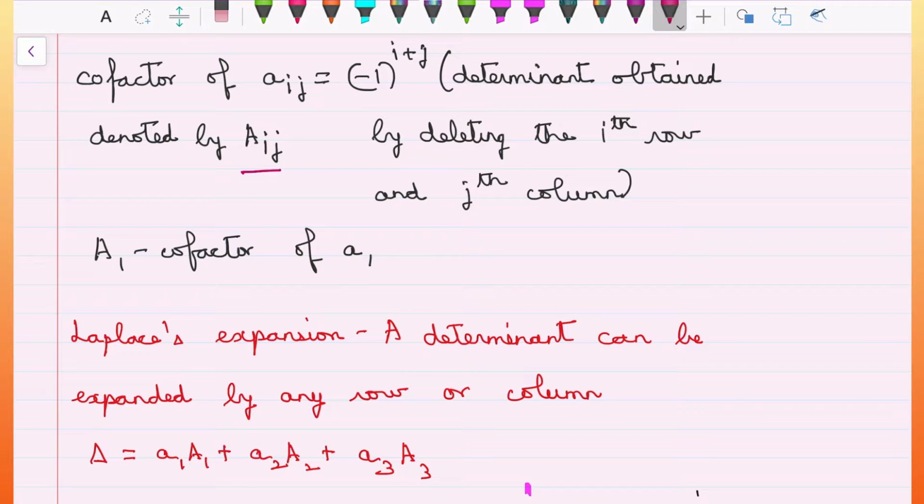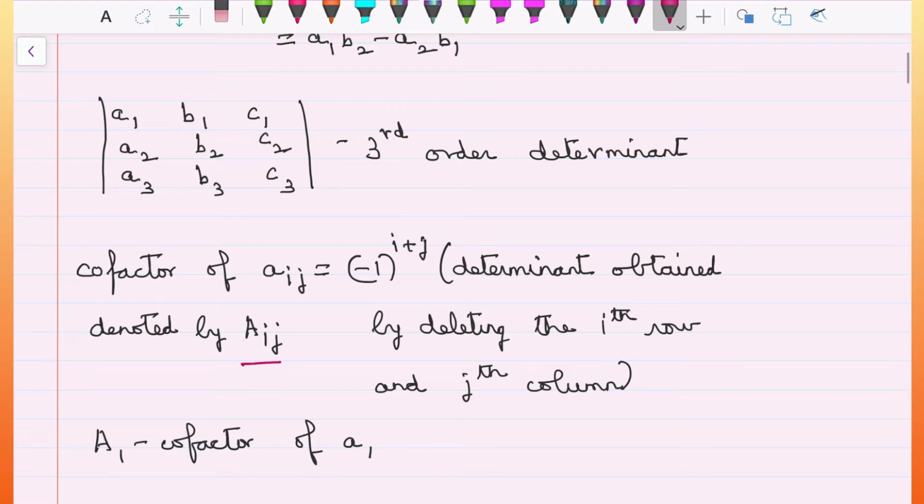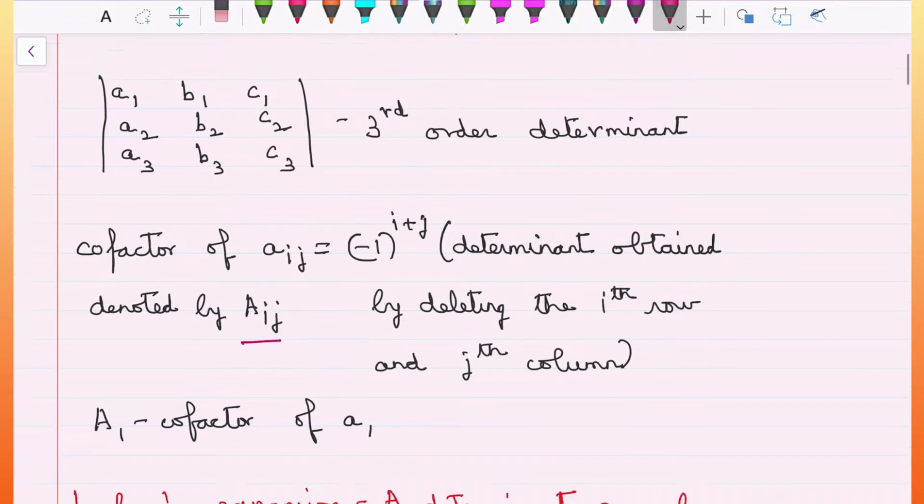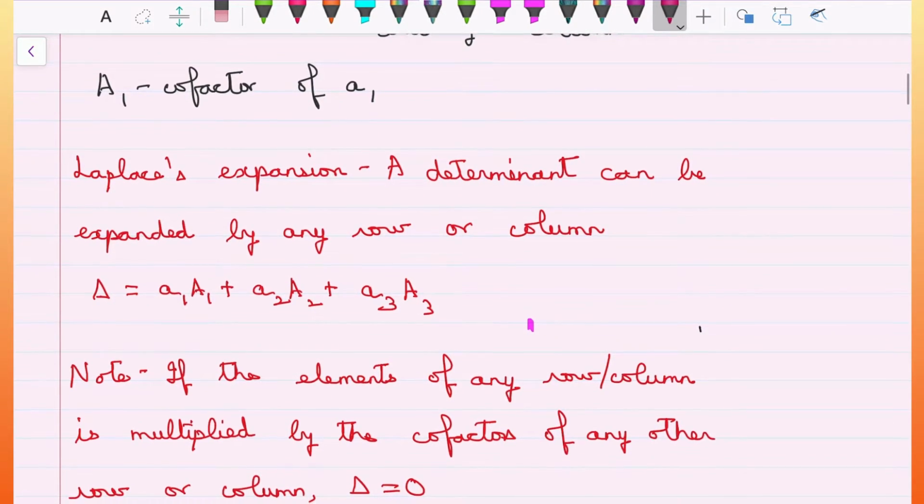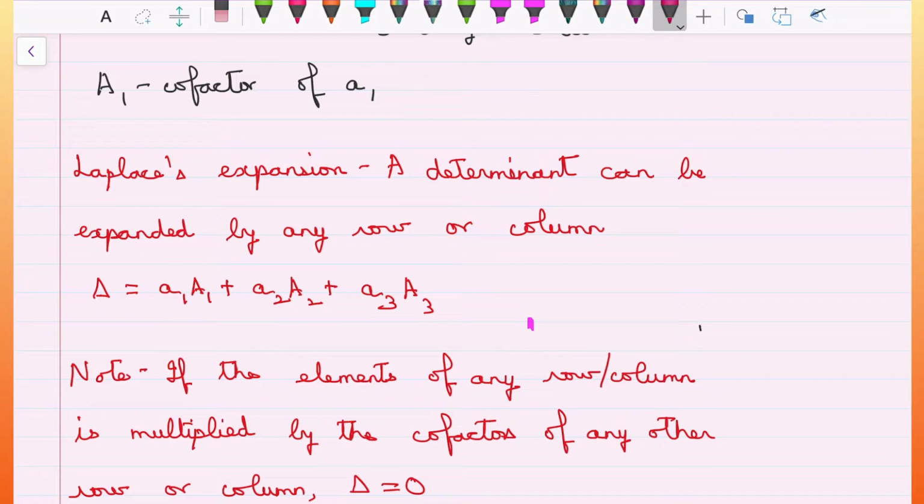And Laplace's expansion. In Laplace's expansion, a determinant can be expanded by any row or column. So if I take the first row, I can write this as a1 capital A1 plus a2 capital A2 plus a3 capital A3. Now if the elements of any row or column are multiplied by the cofactors of any other row or column, then delta, the value of the determinant, equals 0.